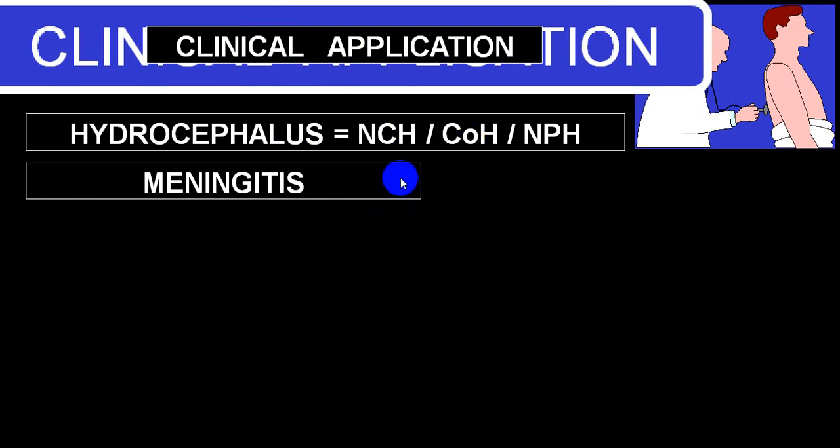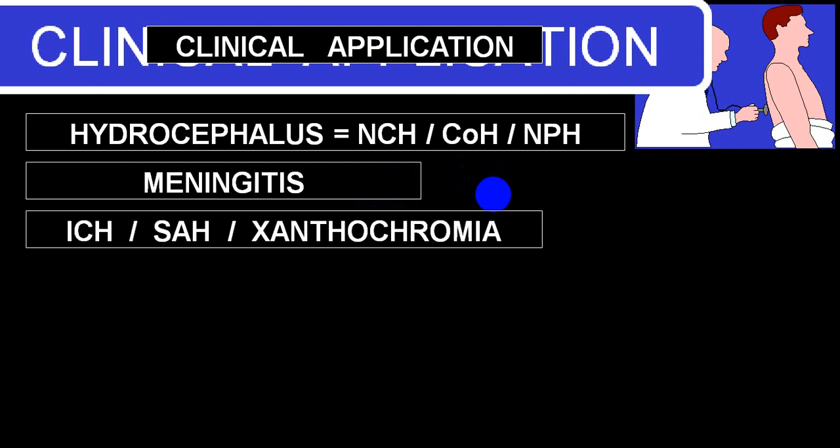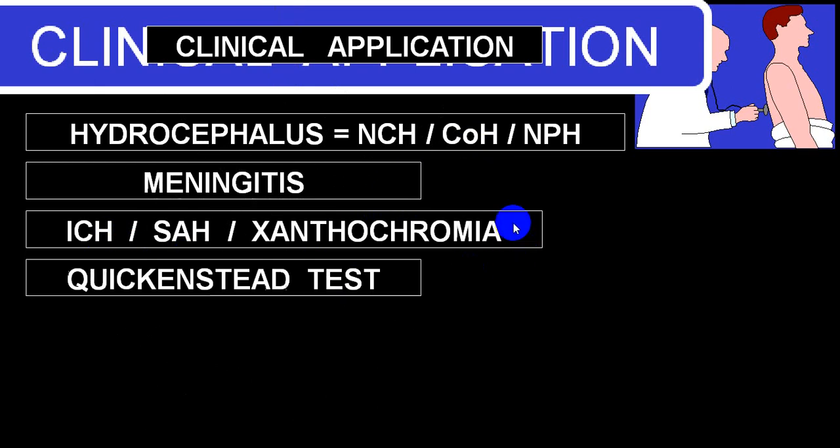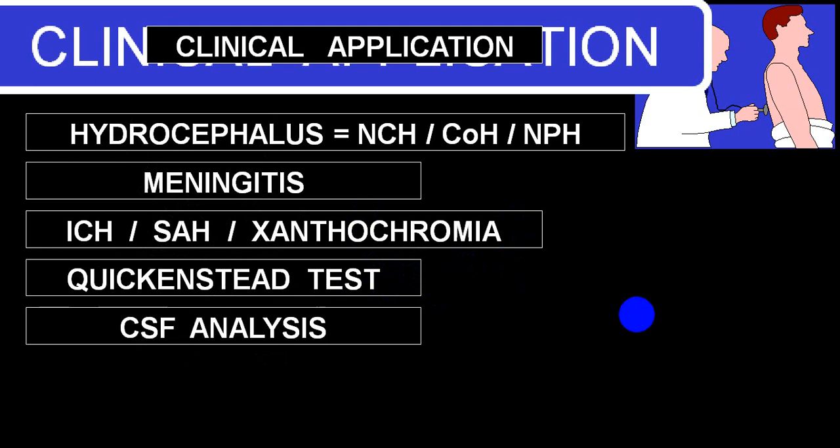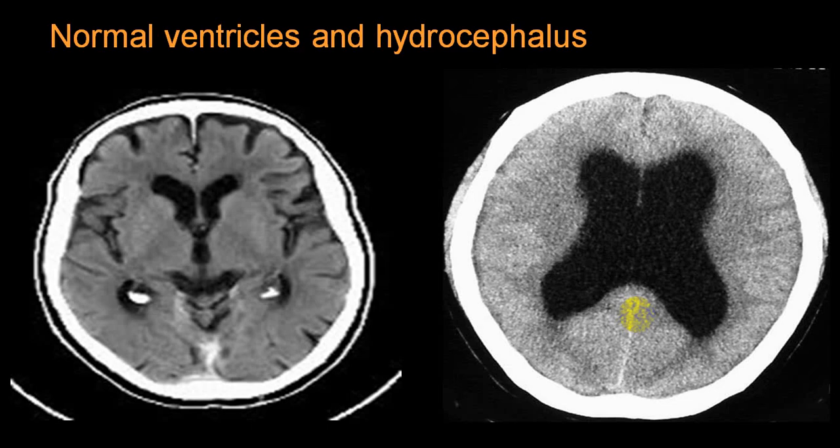It is also important to analyze the CSF in the presence of meningitis, maybe bacterial, viral, usually we call encephalitis, and tubercular meningitis. Also in case of intracranial hemorrhage, subarachnoid hemorrhage, and to find out xanthochromia. Queckenstedt test will be helpful to find out occlusion in CSF circulation, and in internal jugular vein thrombosis, etc. So CSF analysis becomes very, very important.